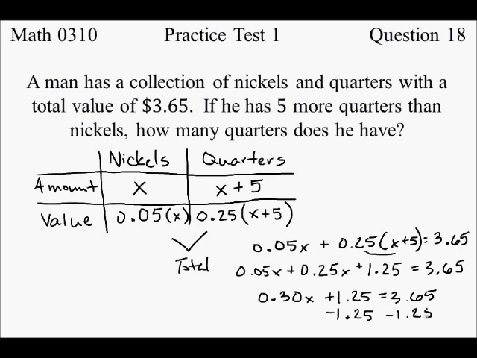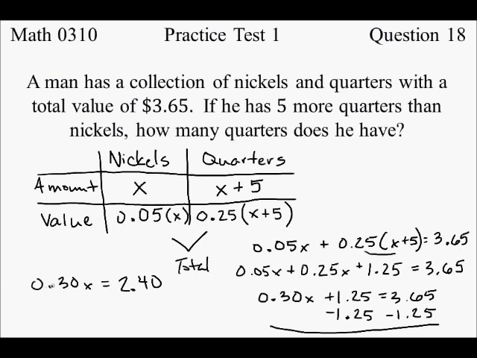Once we do that, on the left side we'd just be left with 0.3x or 0.30x. And on the other side, we have 3.65 minus 1.25, so that's going to give us 2.40. And now we have 0.30 times x.